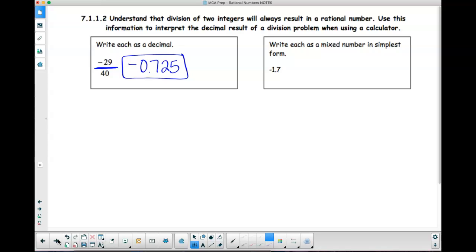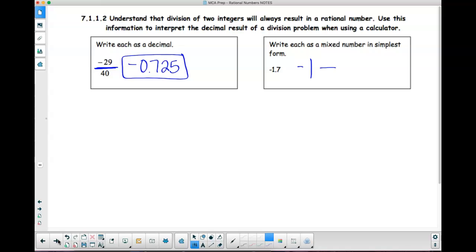Okay? The next one, write the number as a mixed number. Okay, writing this as a fraction. Negative 1.7. Remember how to do that? So you have a whole number, negative 1, and then you have a fraction. What's the fraction going to be?